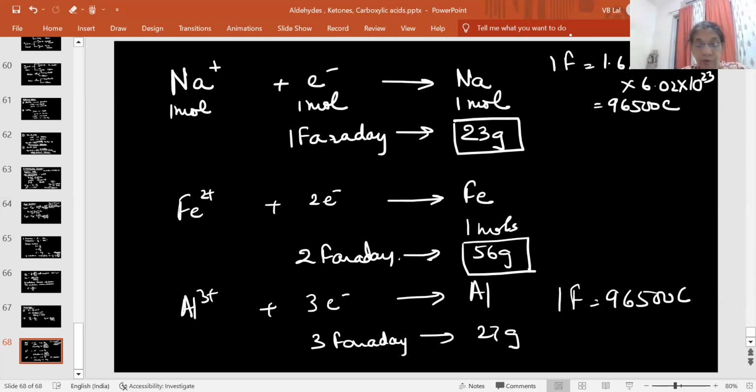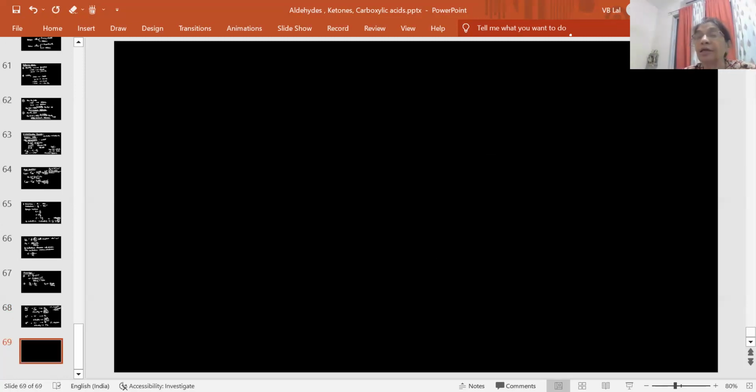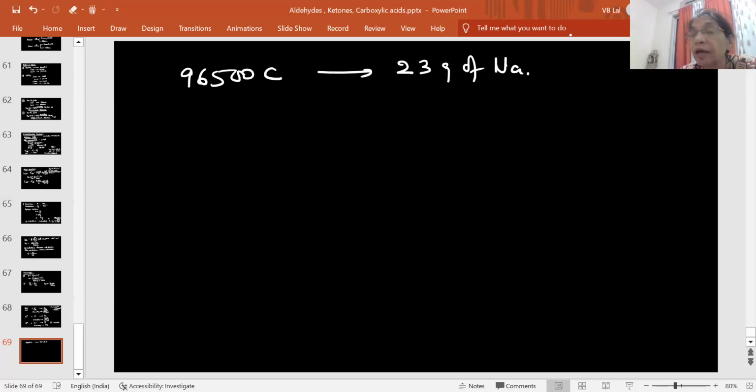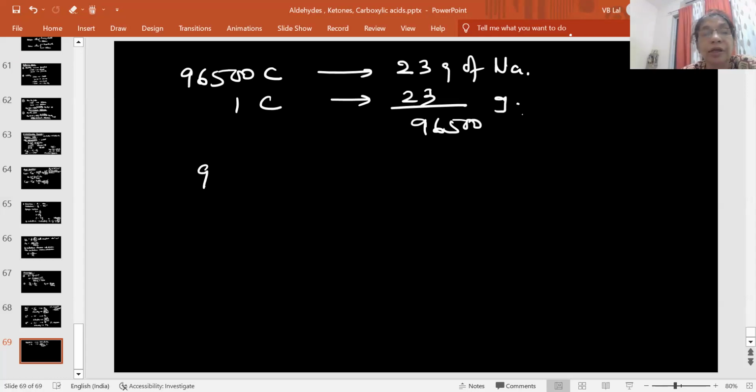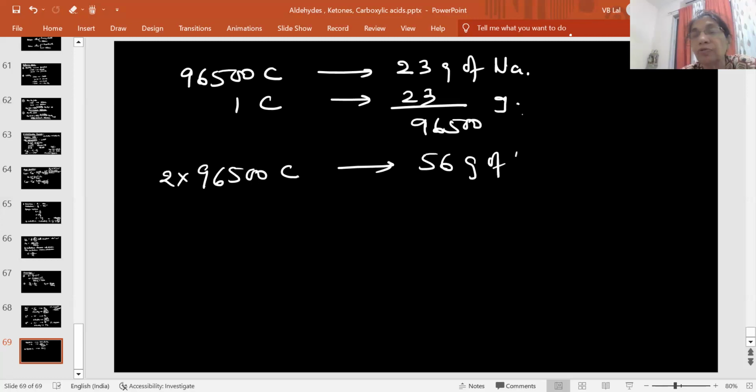So what can I say? 96500 coulombs discharges 23 grams of Na, right? So 1 coulomb will discharge 23 divided by 96500 grams of sodium. If I take 96500 into 2 coulombs, it will discharge 56 grams of Fe.